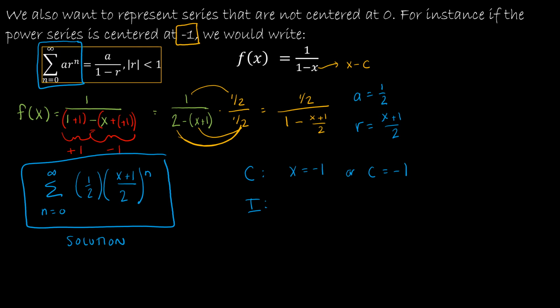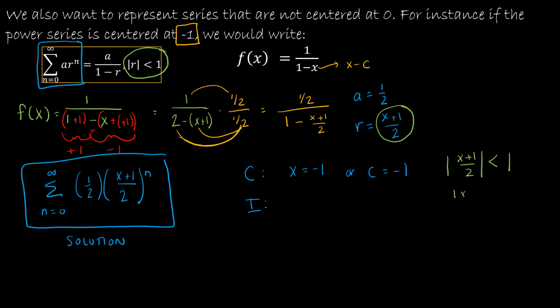Now the interval of convergence does require a little bit of work, and we're going to use the fact that the absolute value of r is less than 1, and we now have an expression for r. So if I make the absolute value of (x plus 1) over 2 less than 1, which is r is less than 1, now I can start using my absolute value.